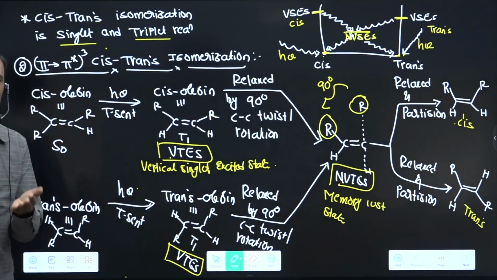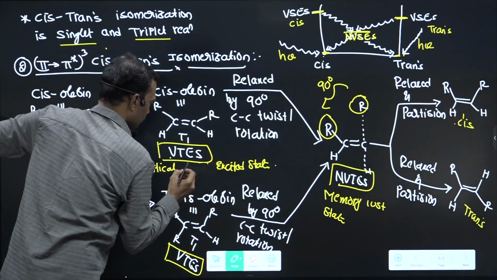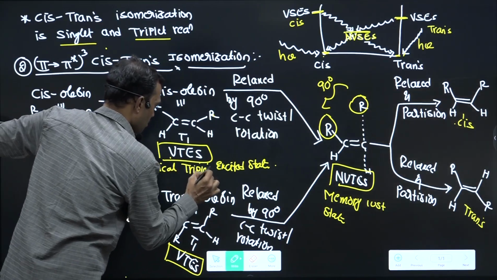Indirectly I am saying both singlet and triplet are responsible for giving cis-trans isomers. Vertical triplet excited state.